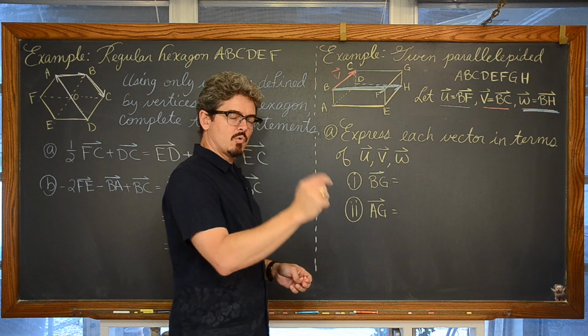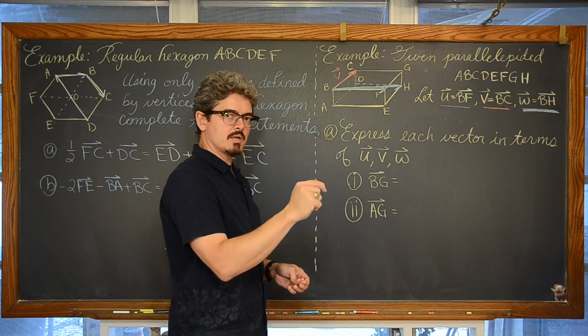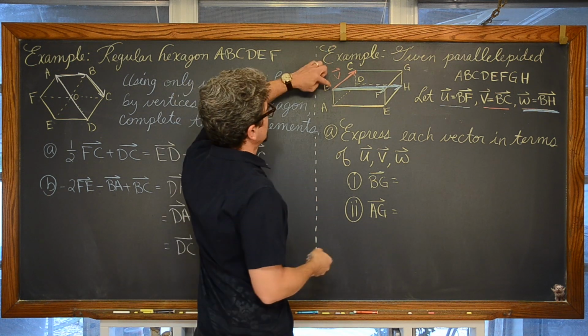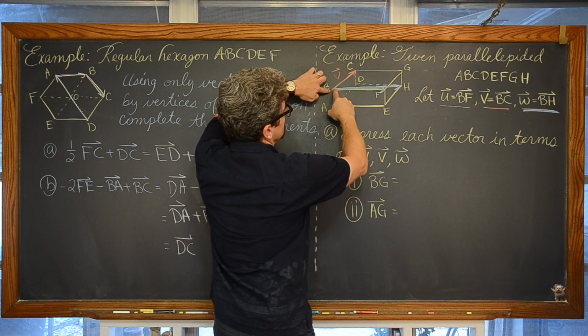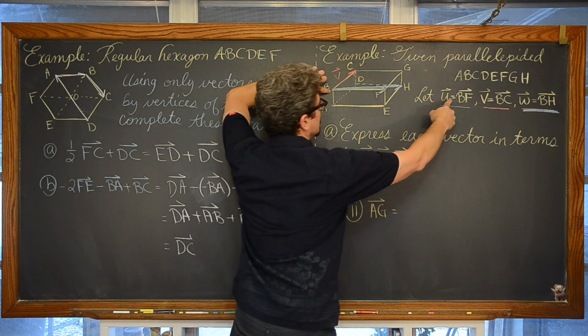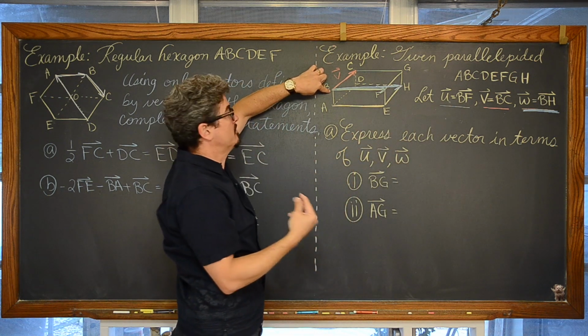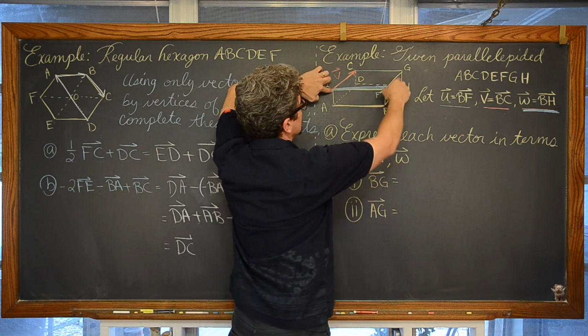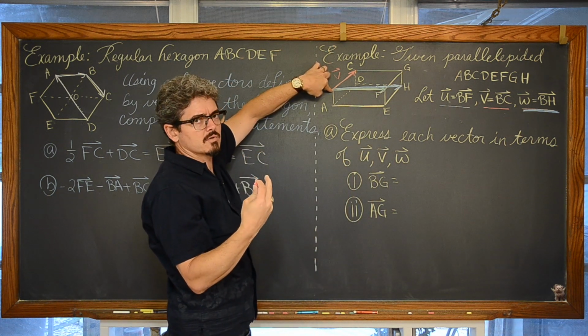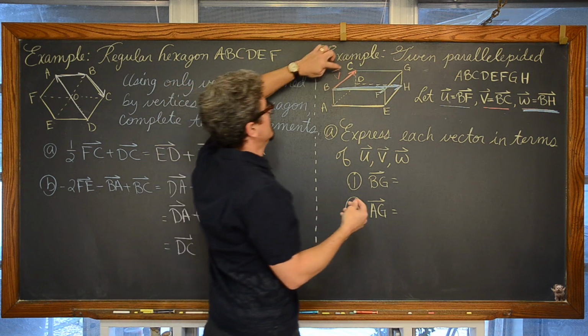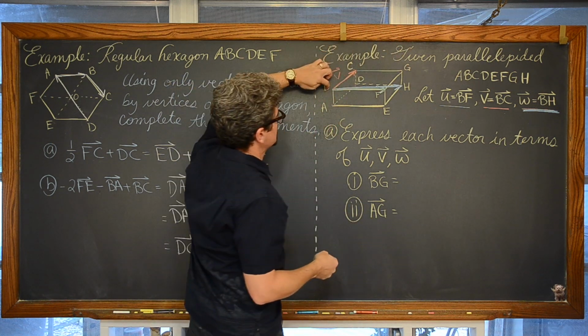right, the initial point does not define a vector, it's just simply direction and magnitude. So I can say this vector BF, or vector U, can start from any point. And since parallelograms have opposite sides which are equal length and same direction, vector CG will be the same as vector BF.